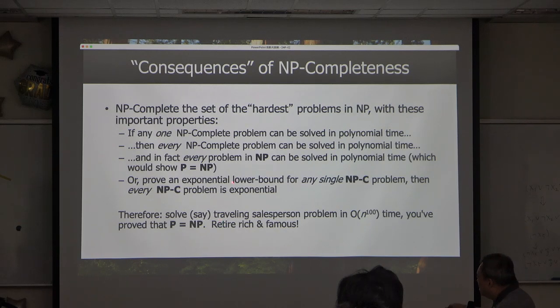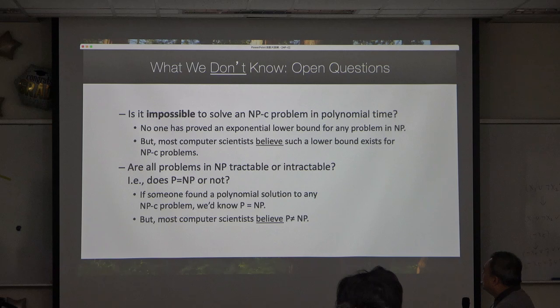So therefore, solve the traveling salesman problem in polynomial time, you prove P equals NP and get retired, rich and famous. Is it impossible to solve an NP-complete problem in polynomial time? No one has proved that.